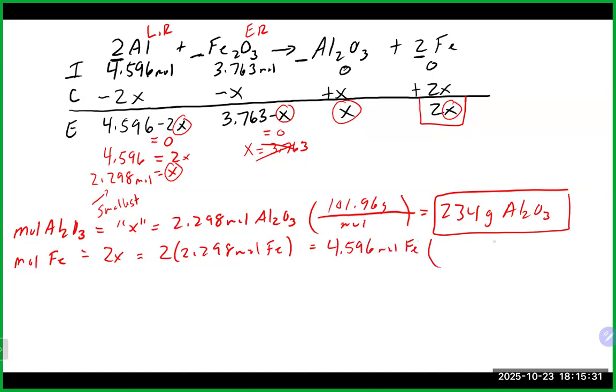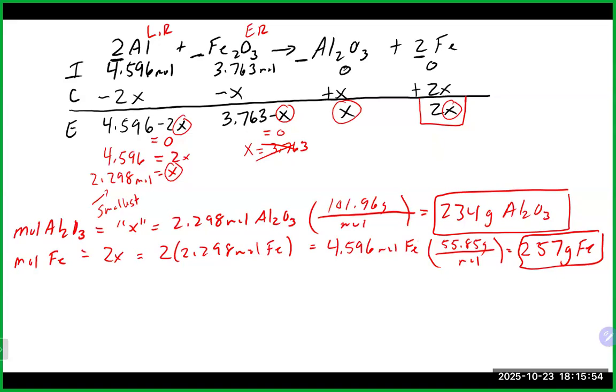I could use the molar mass of iron from the periodic table, 55.85 grams per mole, and times that by 55.85. And within less than probably a minute, I just figured out I also made 257 grams of iron along with it. It didn't take a lot of work to do that.